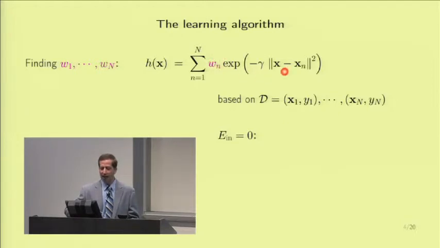I have capital N data points, and I'm trying to learn capital N parameters, okay? Notwithstanding the generalization ramifications of that statement, it should be easy to get parameters that really knock down the in-sample error to 0. So in doing that, I'm going to apply this to every point xn and ask that the output of the hypothesis be equal to yn, no error at all. So indeed, the in-sample error will be 0.